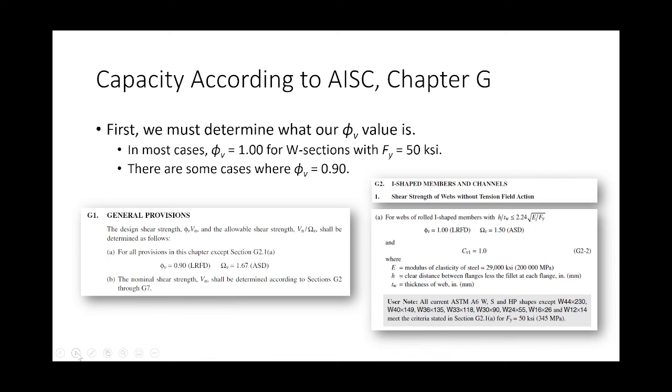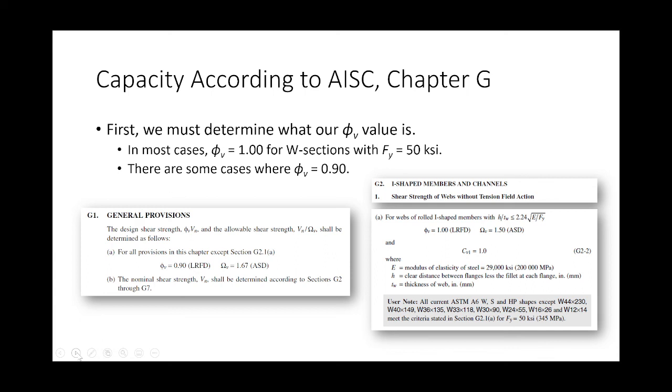If you look at this user's note, there are only a few cases where it's 0.9. All current ASTM shapes except these have a phi value of 1. So these would have a phi value of 0.9. Everything else has a value of 1.